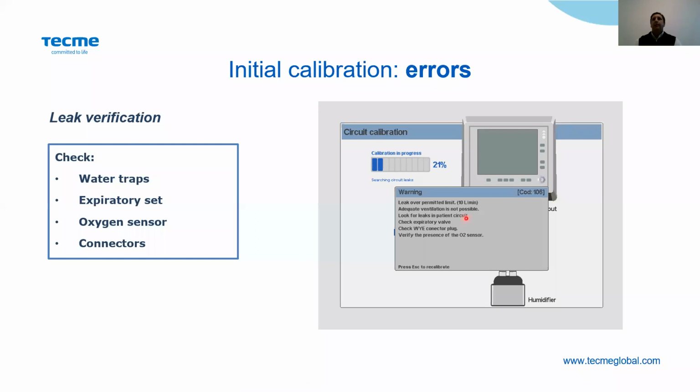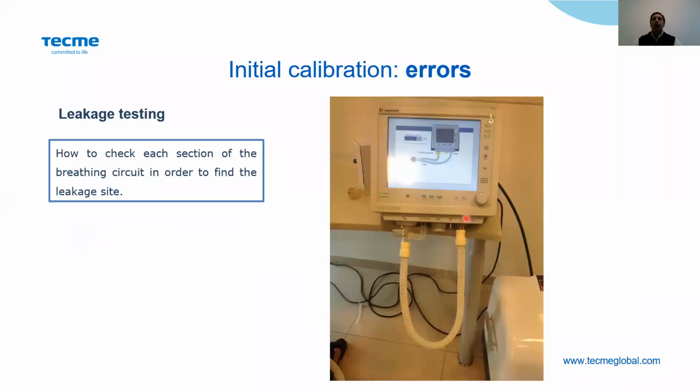A fast test that we can do in order to check if the leakage is inside of the machine or outside is by doing this kind of short circuit. If we do this short circuit and the leakage disappears, it means that the leakage was in the patient circuit. If the message shows even doing this test, it means that the leakage may be inside the machine.